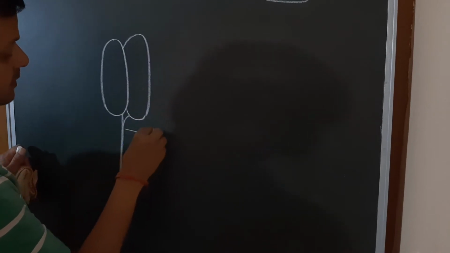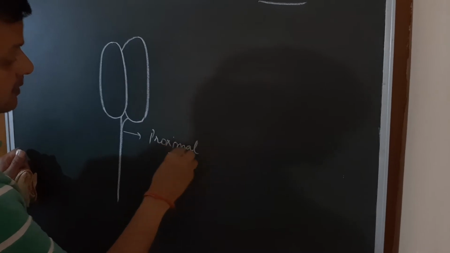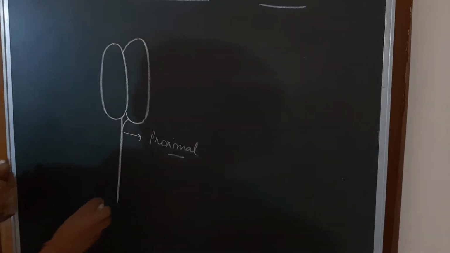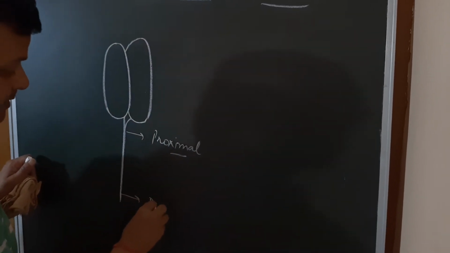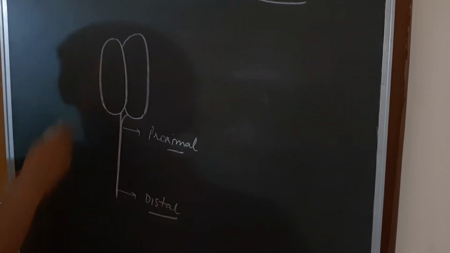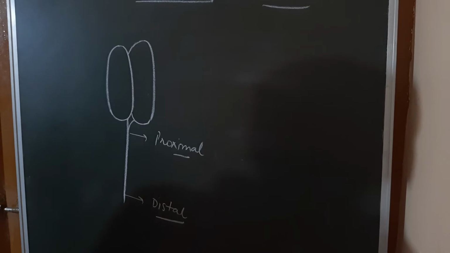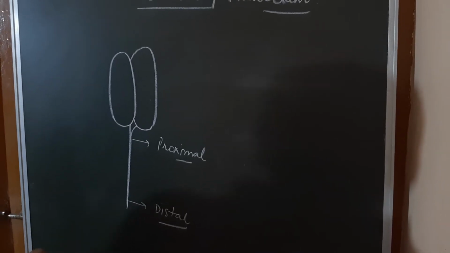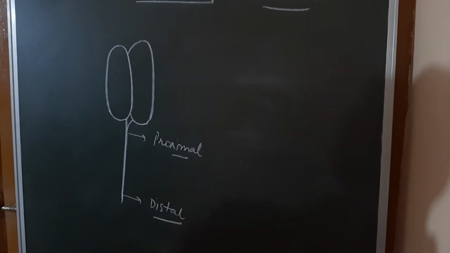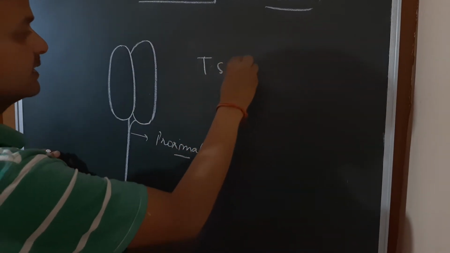The part of the filament towards the anther is called the proximal, and this part of the filament here is called distal. The proximal is always connected to the anther and the distal is connected to any floral part. It could be the petal or any other floral part. And the detail of the anther will be seen when we see the transverse section, TS, of the anther.